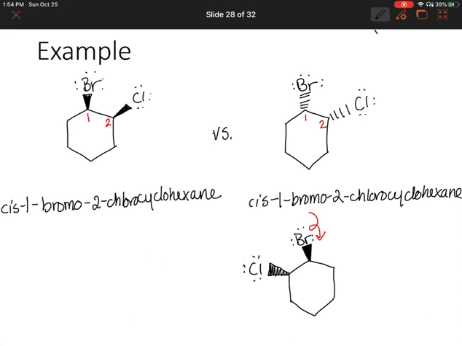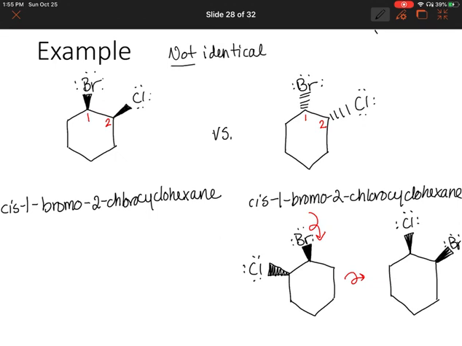Now let's try to match up bromine and chlorine with the first molecule. So what if we just kind of turn this clockwise? So now chlorine will be on top. Bromine is off to the right. Okay, that doesn't match our original molecule either. So they are not identical. Okay, so we can't name these molecules using cis and trans.